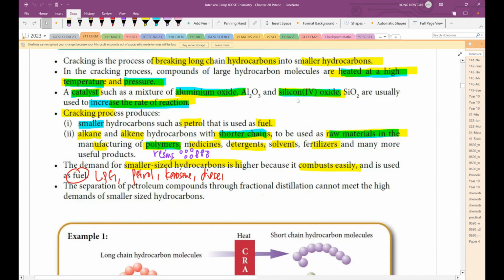Silicon 4 oxide is silica, like the sand we use to make glass.